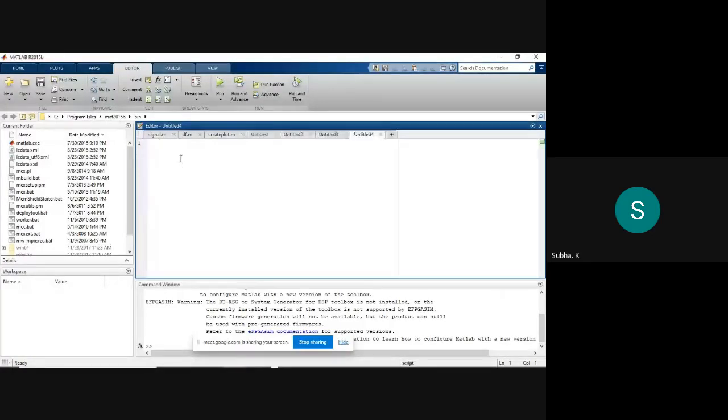N represents the numerator polynomial, just a square bracket. All are able to see the typing that I'm doing? I'm typing in the editor window. Are you not able to see? Yes, ma'am, it's showing. Okay. So suppose the numerator polynomial is s squared plus s plus 1. Okay, then the coefficient.